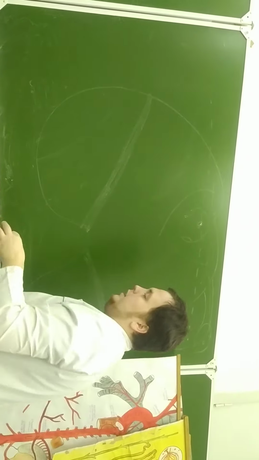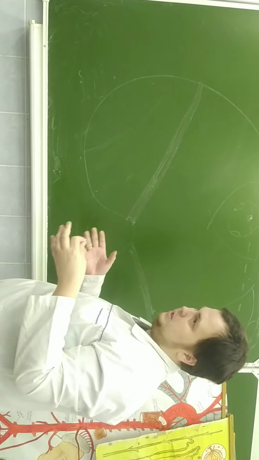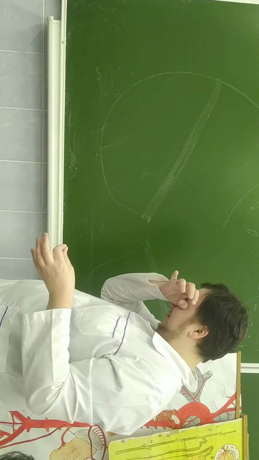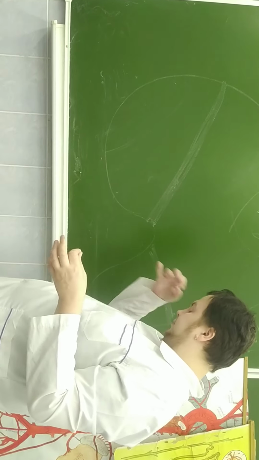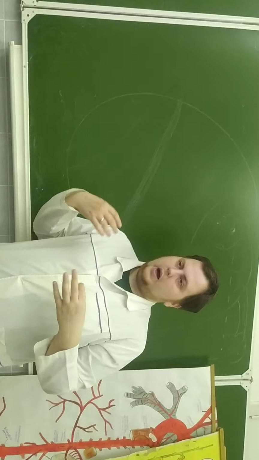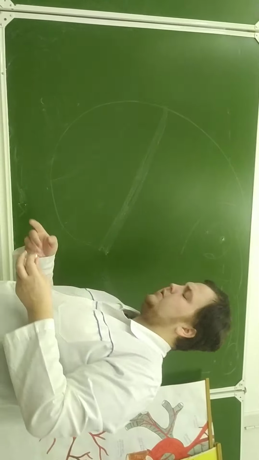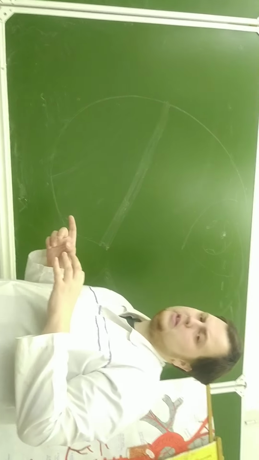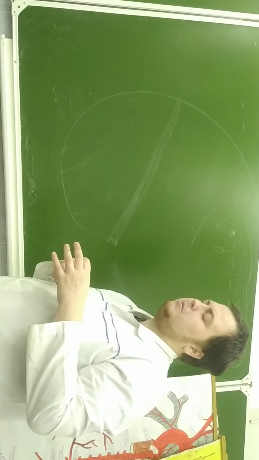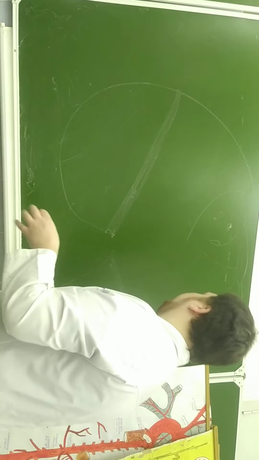They are somatic motor nuclei, which are responsible for the activation of the muscles of the eye: the superior rectus, inferior rectus, medial rectus, levator palpebrae superioris, and inferior oblique muscle of the eye.